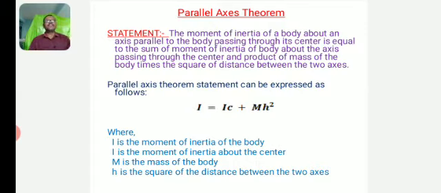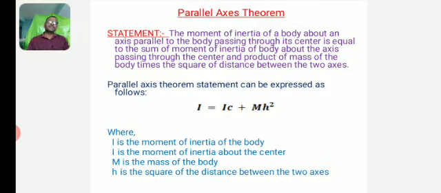The moment of inertia of a body about an axis parallel to the axis passing through its center is equal to the sum of the moment of inertia of the body about the axis passing through the center of gravity and the product of the mass of the body times the square of the distance between the two axes.